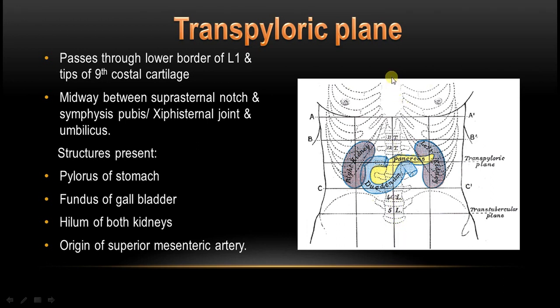The midpoint between the suprasternal notch and symphysis pubis will correspond to the transpyloric plane, or the midpoint between the xiphisternal joint and the umbilicus. So that is about the transpyloric plane, and I have told you its importance because of these important structures lying across this plane.